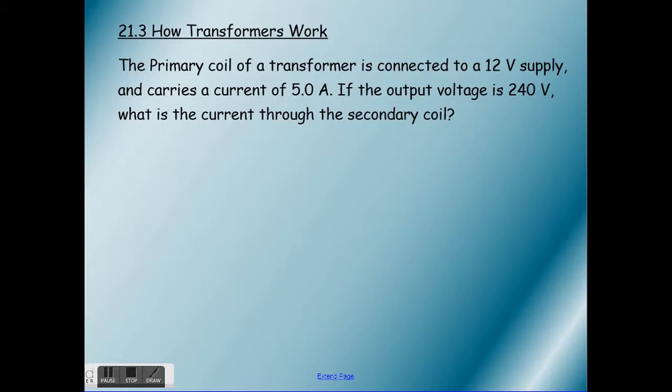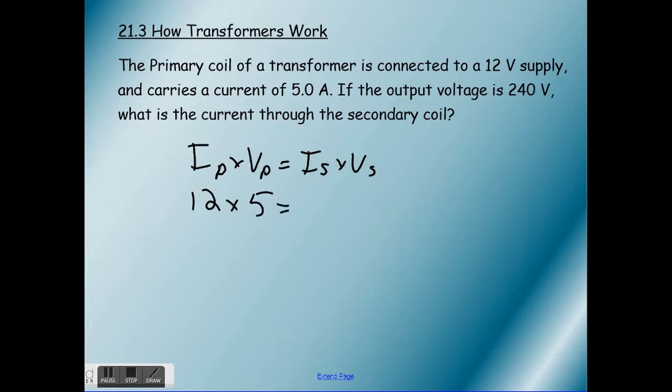So remember, IP times VP is equal to IS times VS. So we have 12 times 5, although those should be switched, equals 240 times whatever our current is going to be.